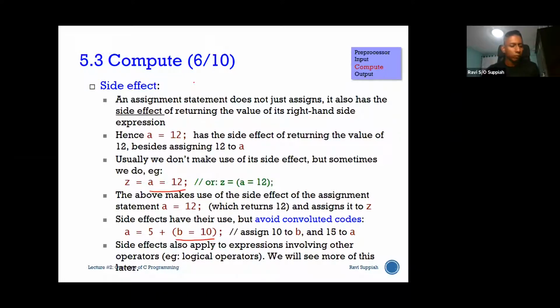Following that, you have the addition of 5, then you assign it back to A. All right, so there's two things happening here. First, you assign 10 to B, and then you take that value 10 and add it to 5, so you get 15, and then you assign it to A. Alright.